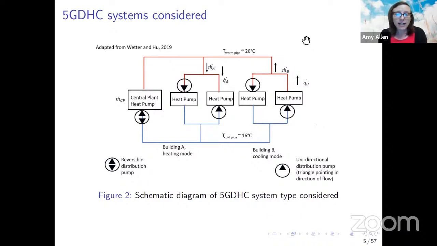And 5G DHC systems can operate in a variety of configurations.